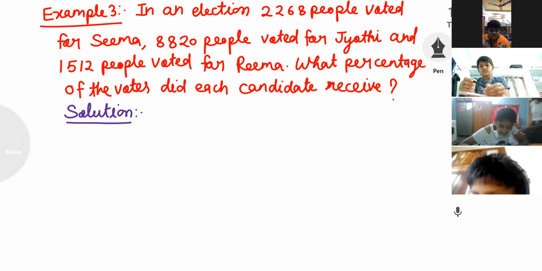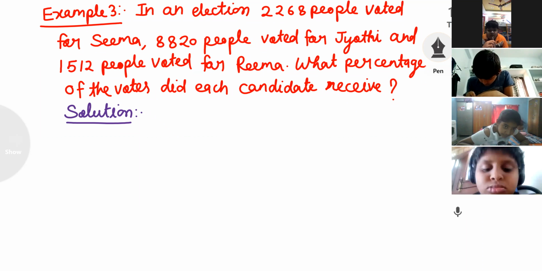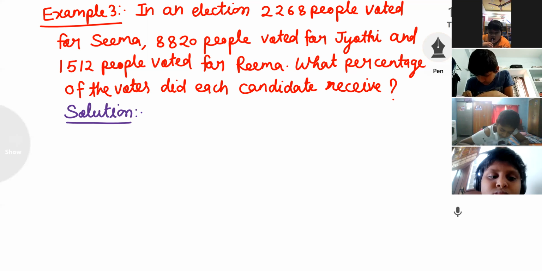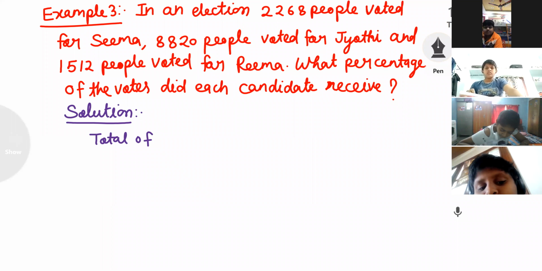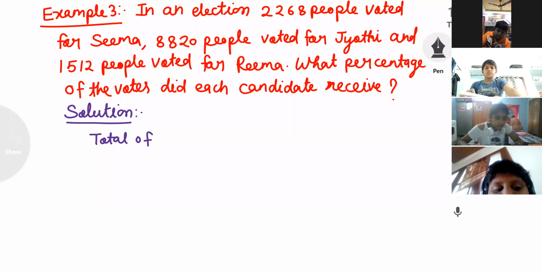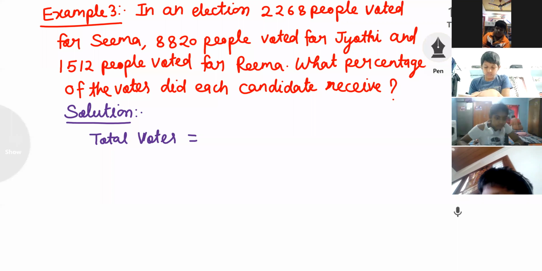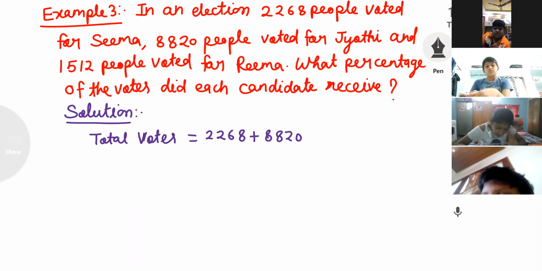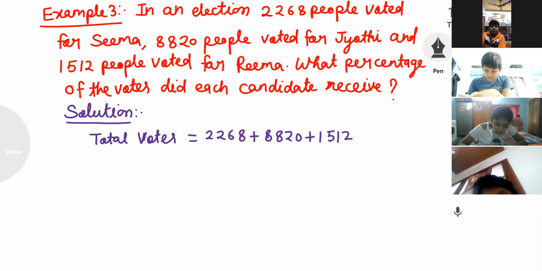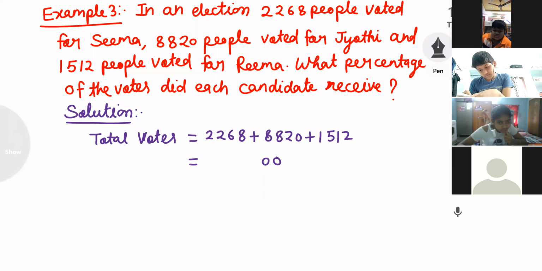Simply we can write total votes is equal to 2,268 plus 8,820 plus 1,512. 8 plus 2, 10. 6 plus 2, 8, 8 plus 1, 9, 9 plus 1, 10. 1 carry. 2 plus 8, 10, 10 plus 5, 15, plus 1 carry, 16.